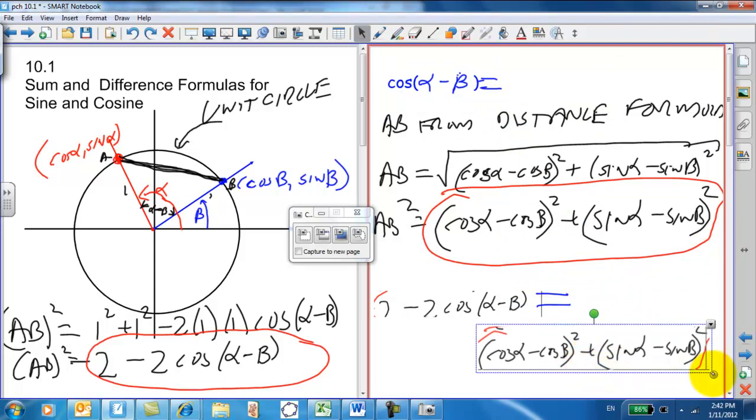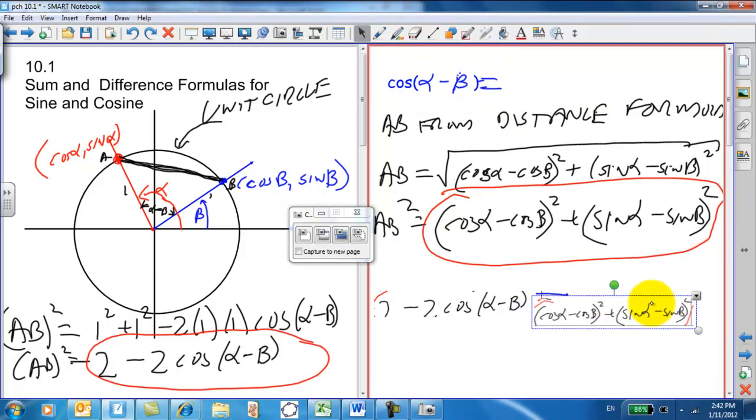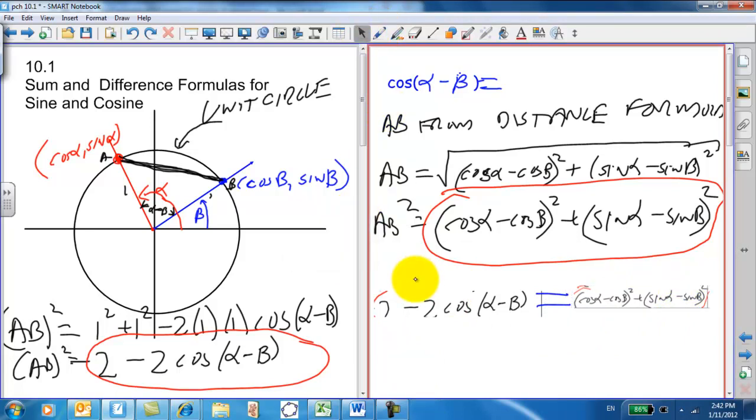Okay, maybe make that a little smaller. Now it fits in there. Okay, now we got a little work to do here as we start expanding this stuff out. And let's clean this up a little bit. This is 2 minus 2 cosine alpha minus beta equals all that squared and all that squared.